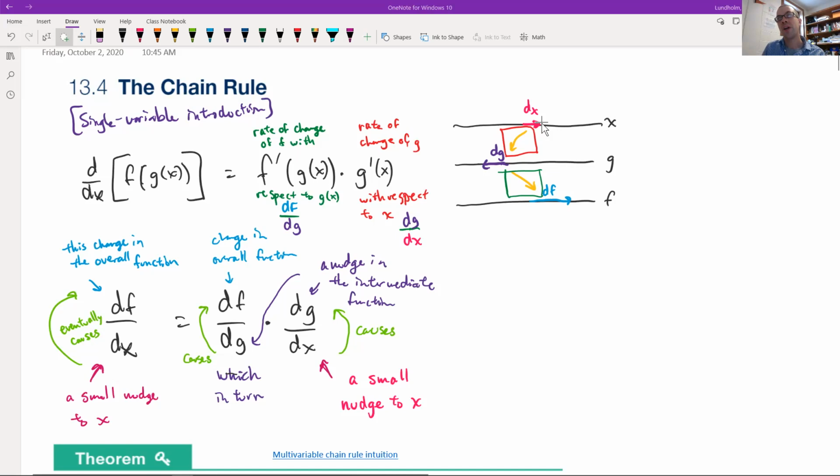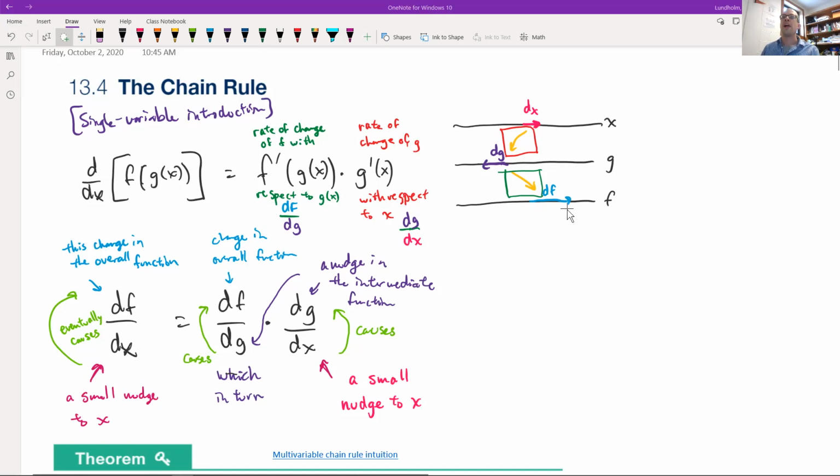But when we're thinking about a derivative, we're trying to find, when we nudge x a little bit by some nudge dx, what resulting change does that make in the overall function f, the biggest function on the outside? The idea is you nudge x a little bit, that causes a nudge in g, and then that resulting nudge will cause a nudge in f when you put the value of g into the function f.